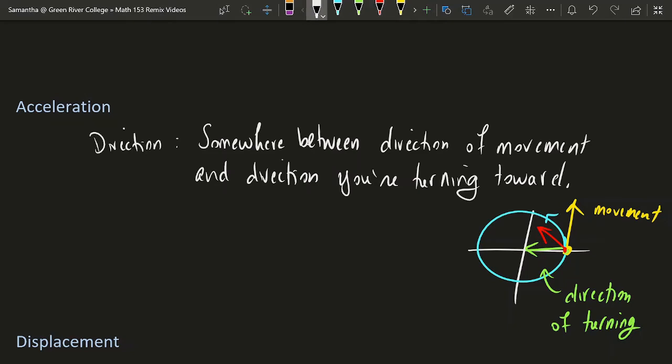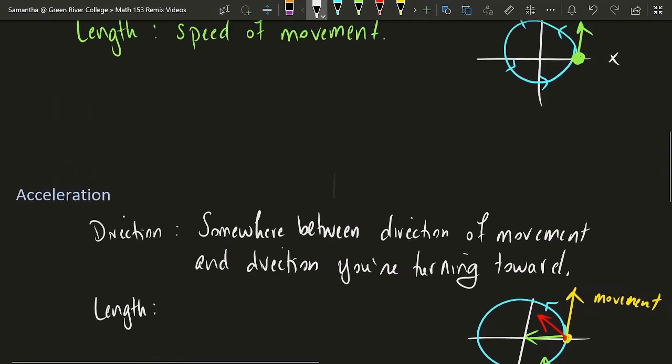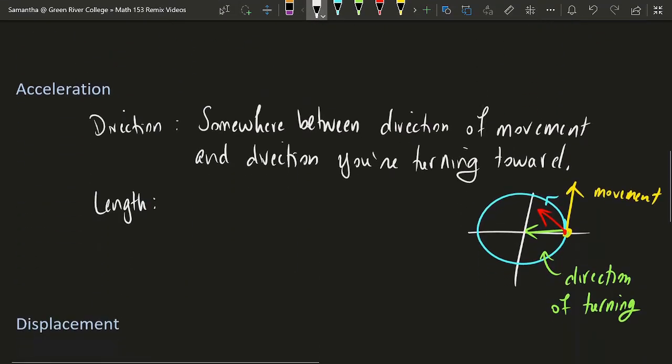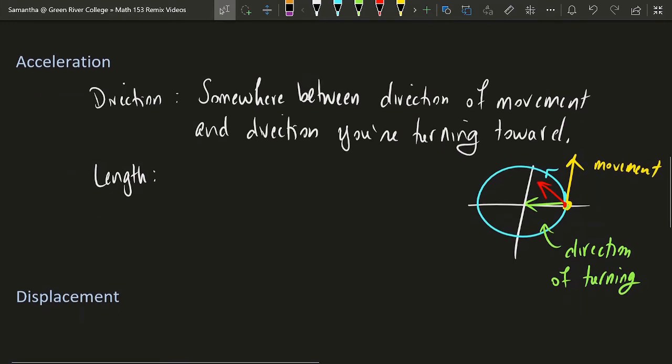Now, the magnitude of acceleration also has a sort of dual nature to it. The length of the acceleration vector captures how your velocity is changing. But because velocity has two components, direction of movement and speed of movement, acceleration has two components as well.